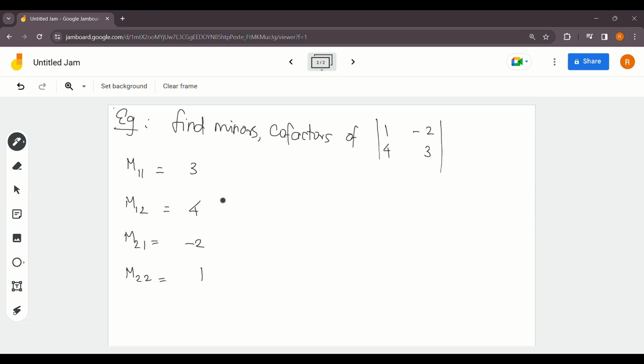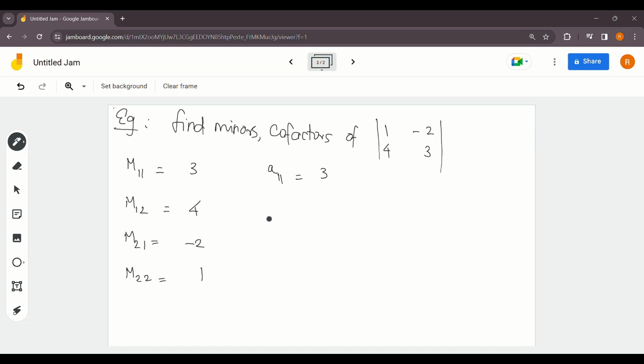Now the cofactors, very simple. For A11, you add the indices 1 and 1. If you get an even number, the cofactor value will be the same as the minor value. If you get an odd number, you have to change the sign accordingly. So here 1 plus 1 is 2, which is even, so write the same value.